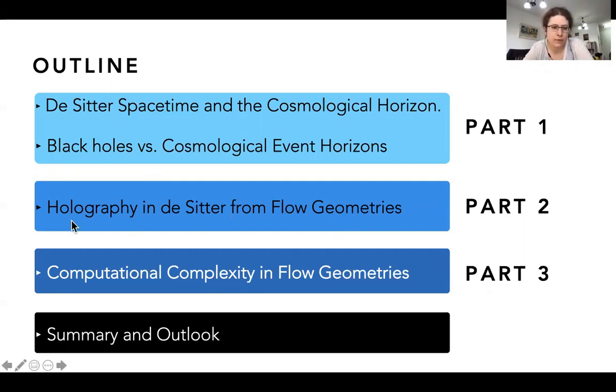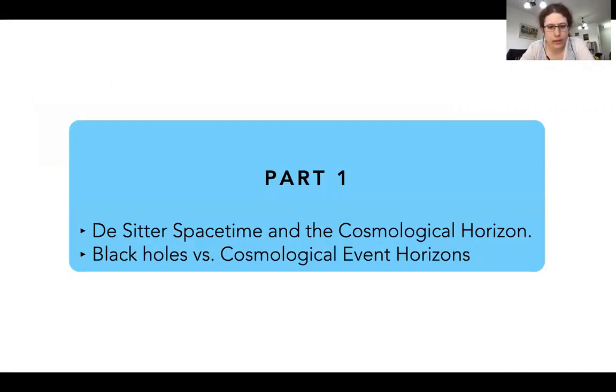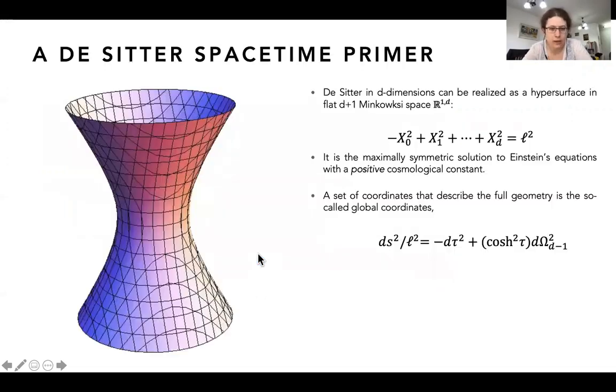And finally, I will focus on the quantum information aspects. So I will talk about computational complexity in flow geometries. And of course, I will present a number of future directions and summarize. So here's the first part. The first part is essentially a review of de Sitter and the cosmological horizon.